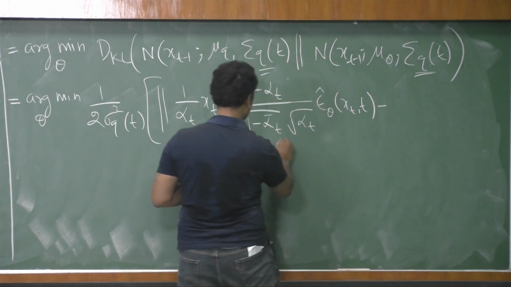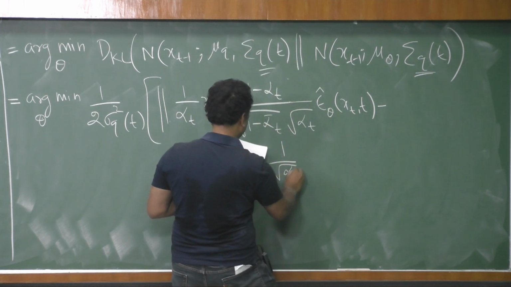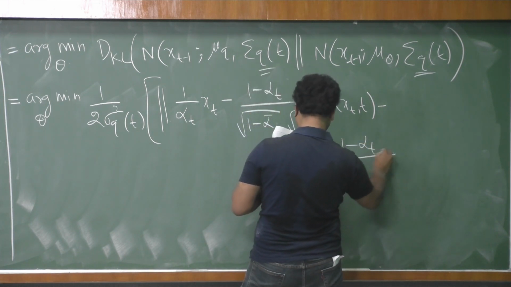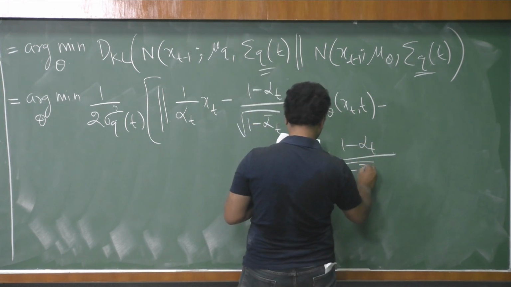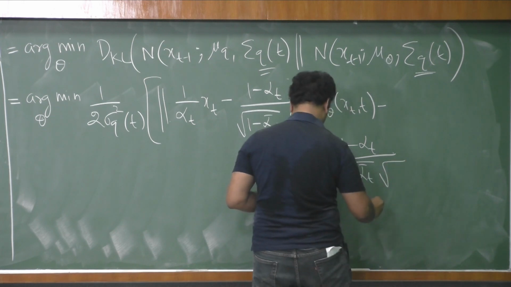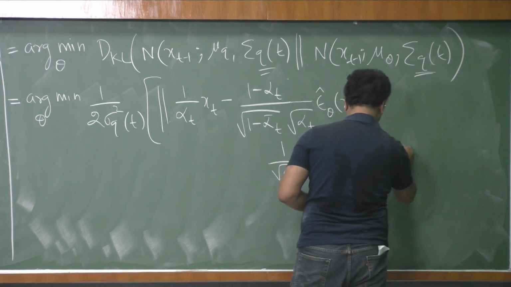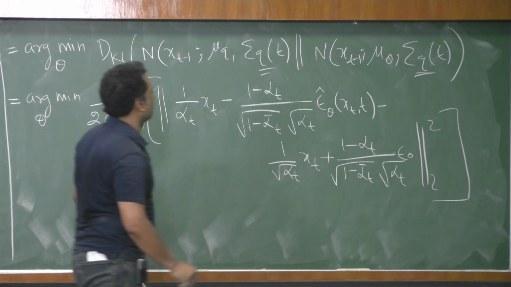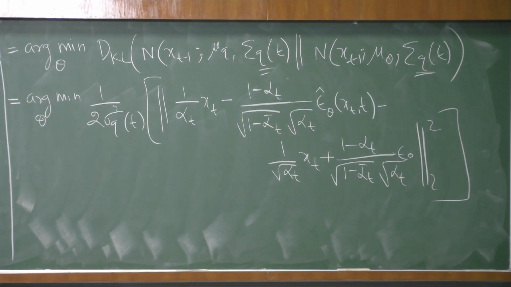So let us write here, 1 by square root of alpha t xt minus (1 minus alpha t) over square root of 1 minus alpha bar t, square root of alpha t, and we had epsilon naught. We want to simplify this and see what it reduces to.